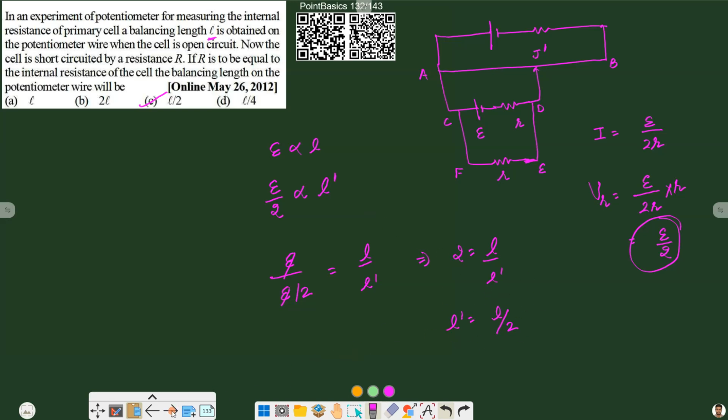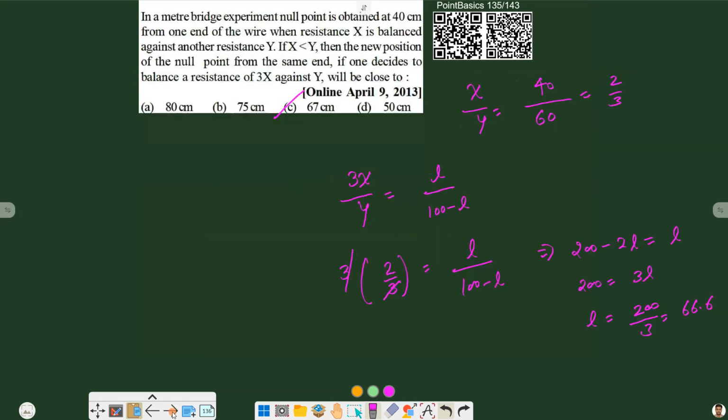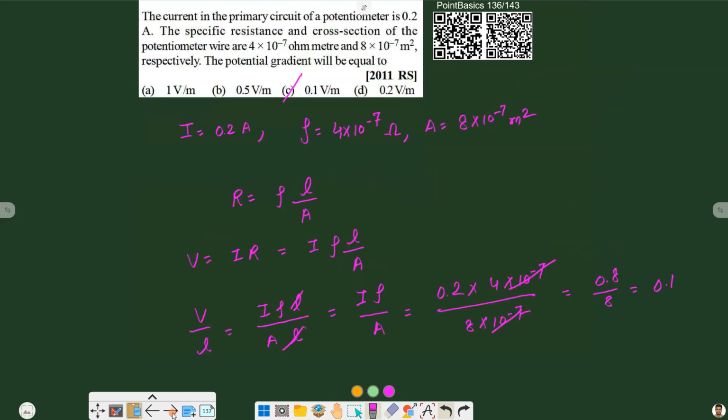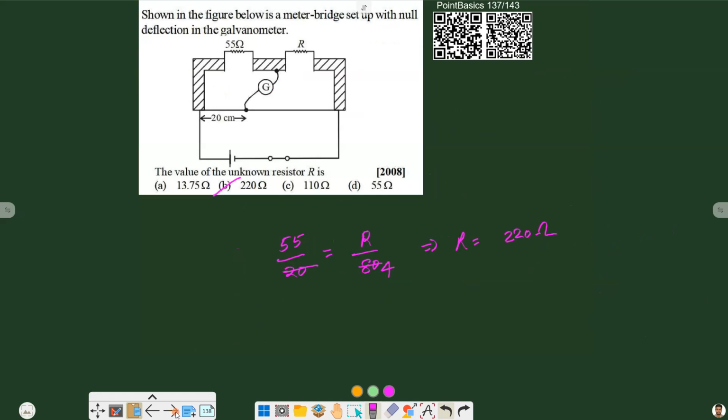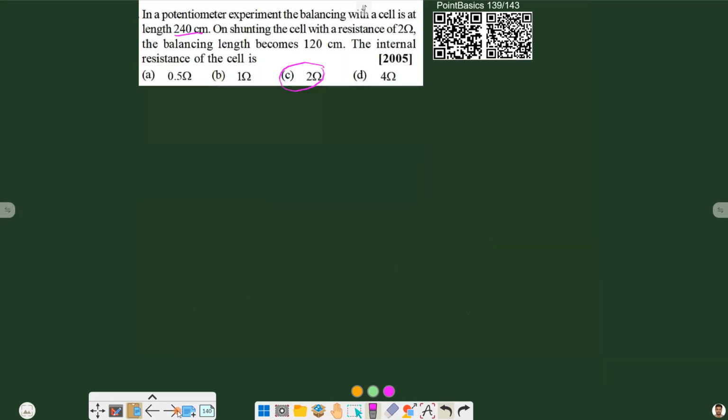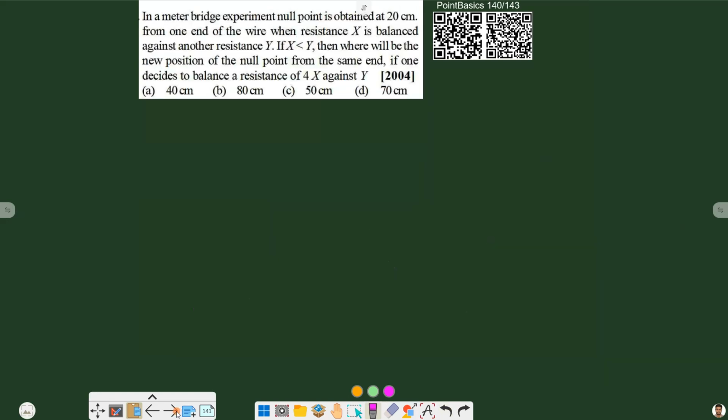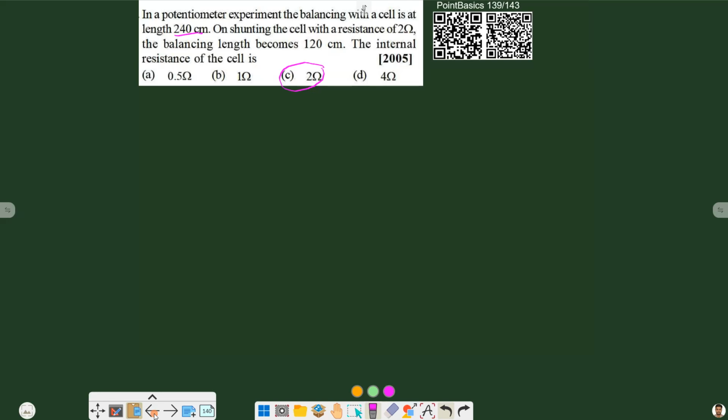So if length is reduced to half, the EMF should be reduced to half, and then the parallel resistance is equal to the internal resistance. We can find this out using a diagram or using this formula.